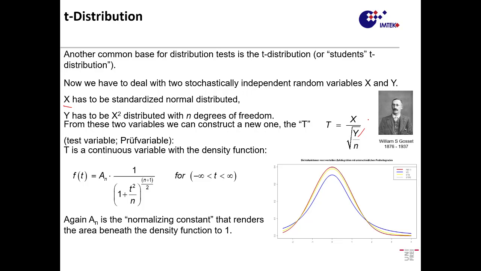He wanted to give access to all the people, and then he wrote it as a student t-distribution without his name and without any reference to Guinness or anybody. But then later people realized it was he who developed that. So the t-distribution is basically like a normal distribution, but for when you have not too many data points.